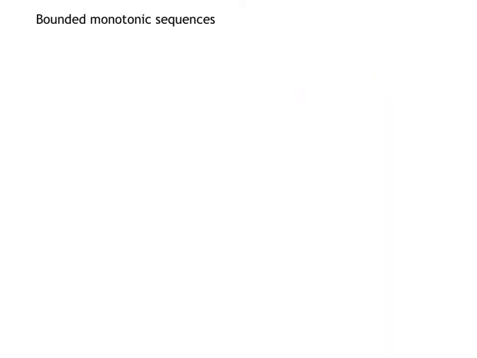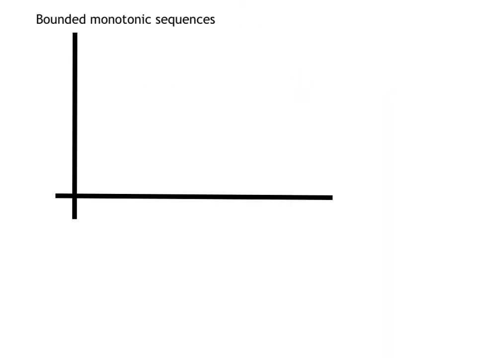Finally, let's talk about bounded monotonic sequences. Monotonic sequences are either non-increasing or non-decreasing, or both. So let's look at non-increasing. If you have a sequence that is never moving up, we would say formally that an plus 1 is less than or equal to an.